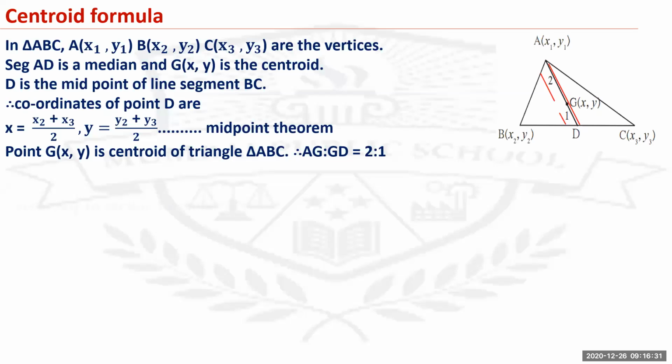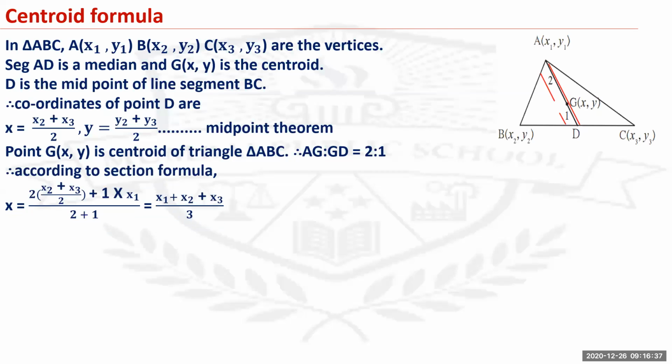The ratio, you're going to apply the section formula. So according to the section formula, x equals 2 in the bracket x2 plus x3 upon 2 plus 1, plus 1 into x1 upon 2 plus 1, that equals x1 plus x2 plus x3 upon 3.